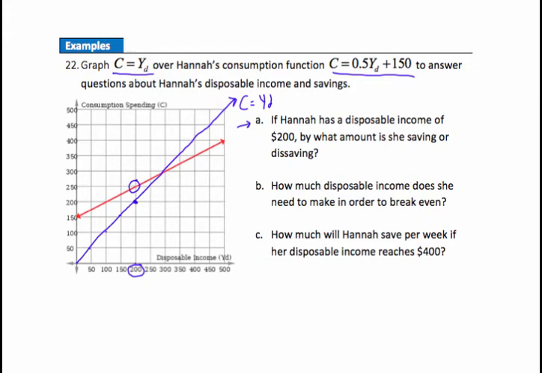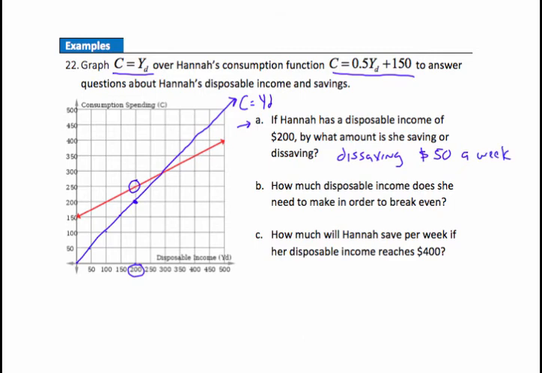So that means she's going into debt this week $50 because she's gone above the top of this graph here. So she's losing money. So she is dissaving, and that's a weird word, but that is actually a word in the business world. She is dissaving at this point $50 a week, if that's how much she earns.